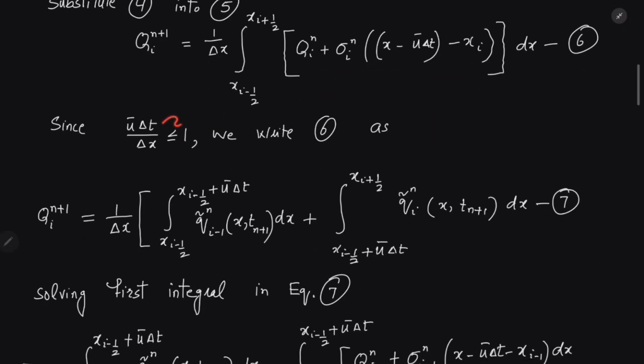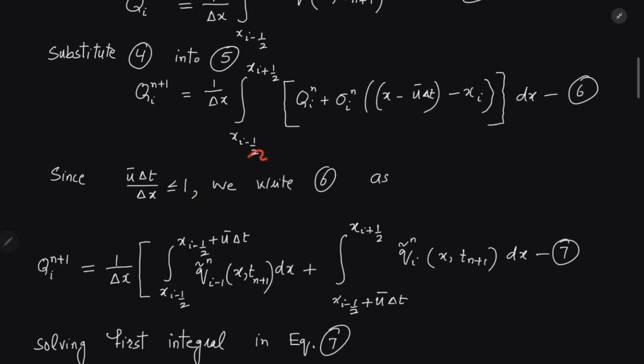Now we know that the CFL number should be less than or equal to 1. So we split this interval, which is x_{i-1/2}, then we have x_i, and this is x_{i+1/2}.